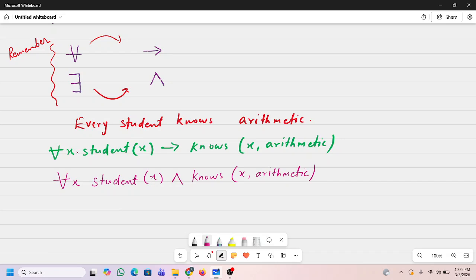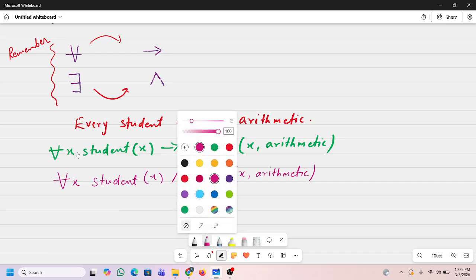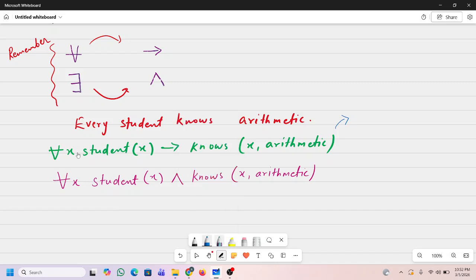We understood the meaning of the first statement: if x is a student, then x knows arithmetic. And for this one, the meaning is that everyone is a student and everyone knows arithmetic. That means knowing arithmetic is not dependent upon being a student.